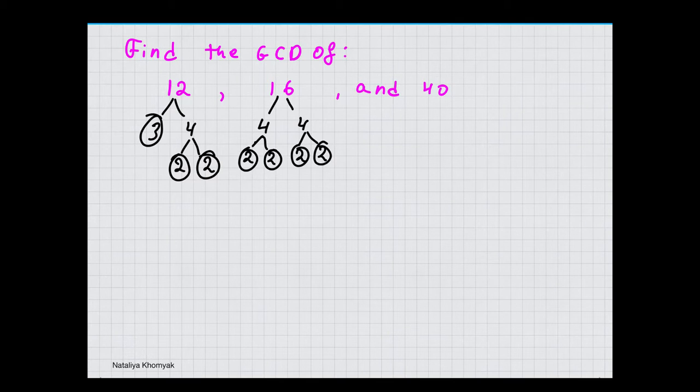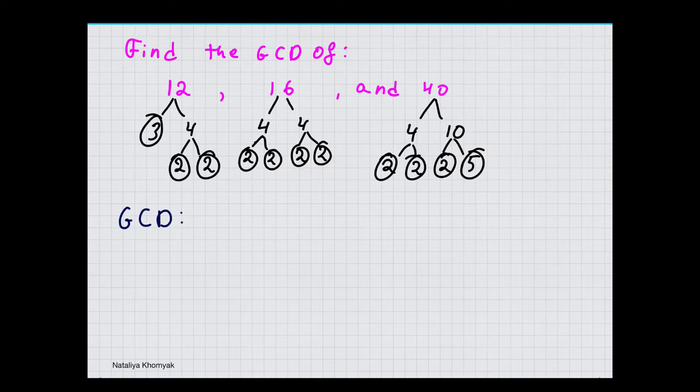So these are factors for this. And 40, we can say it's a 4 times 10. And 4 is a 2 times 2. These are prime. 10 is a 2 times 5. And these are prime.